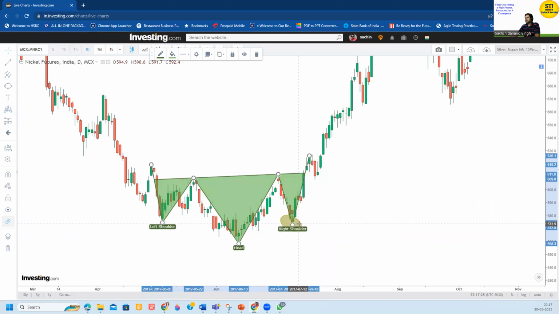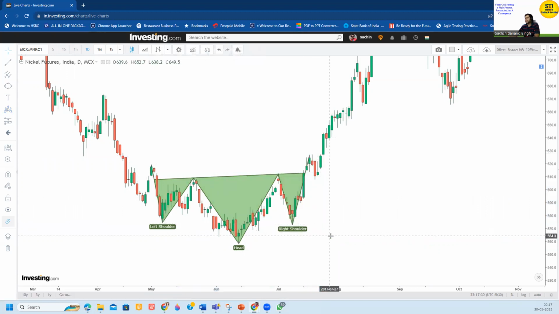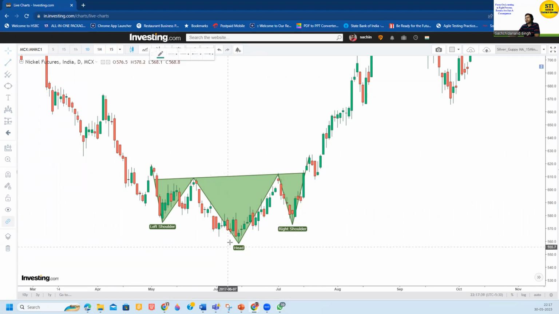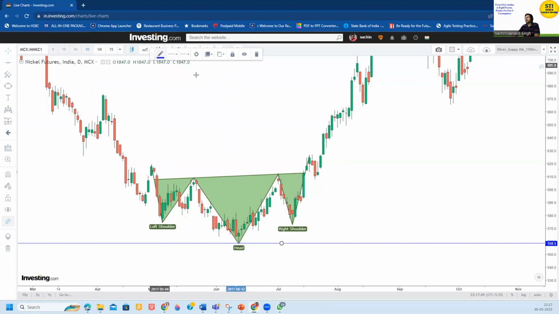So this is my head and shoulder, and target wise it will be the same. If I put a horizontal line at the bottom, this will be my support line.